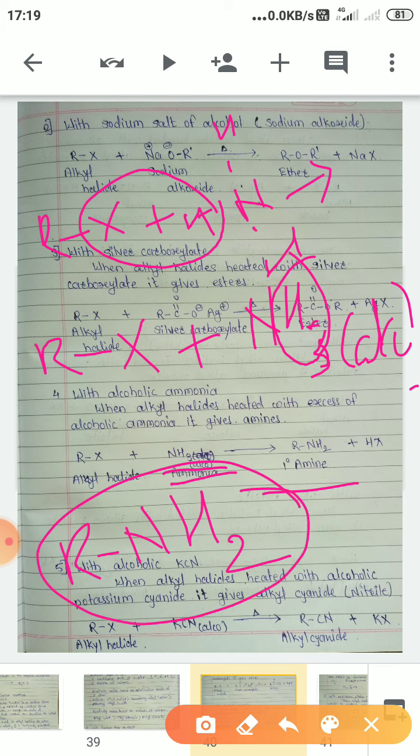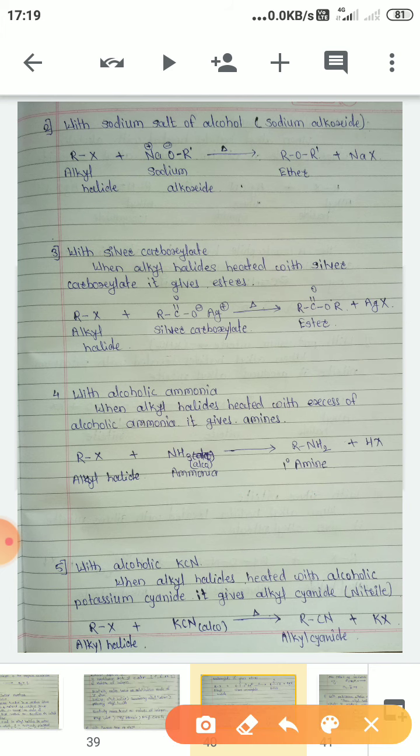So simply remember, when alkyl halides react with excess of alcoholic ammonia, it gives primary amines.